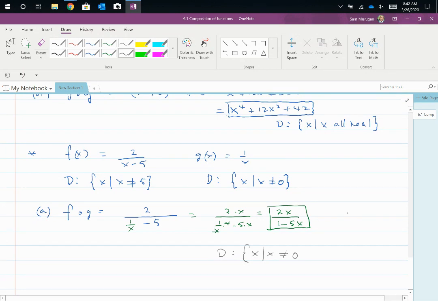And then if we set that denominator equal to 0, we see x is equal to 1 over 5, which is the number that would make the denominator 0. So x cannot equal 1 over 5.